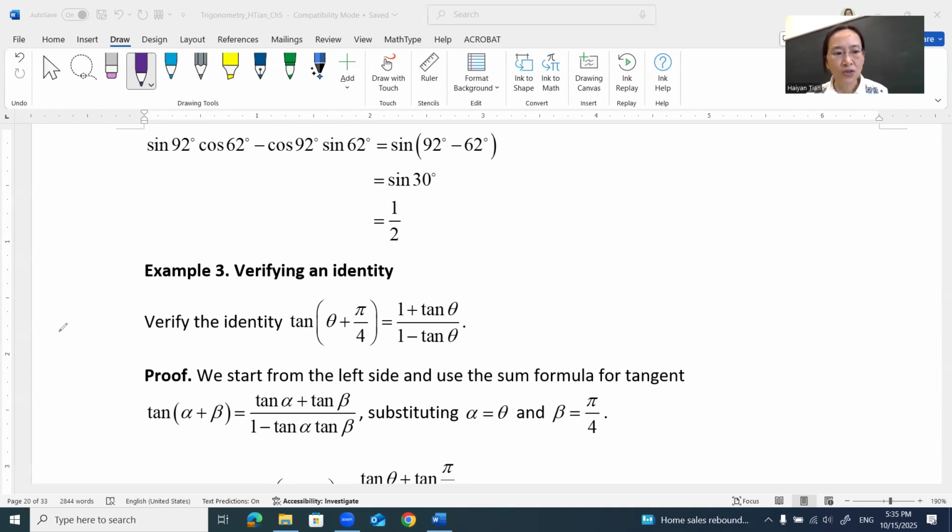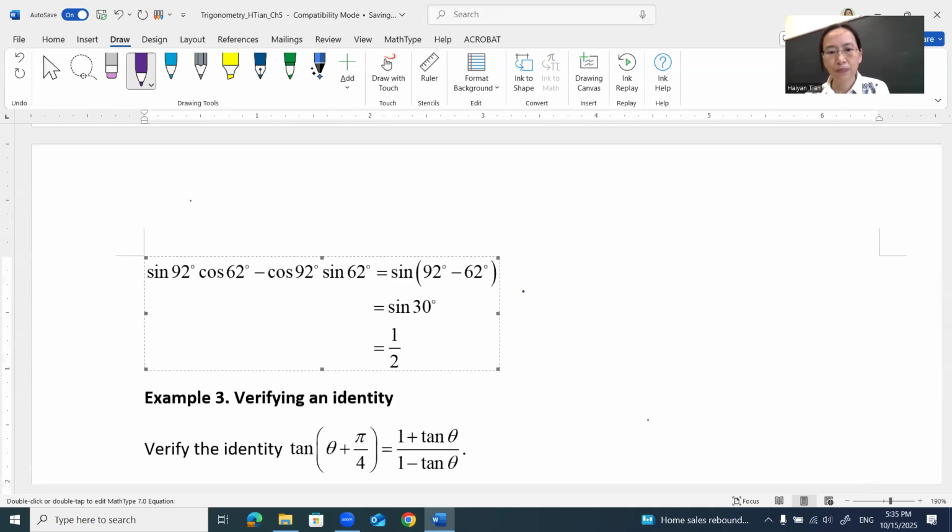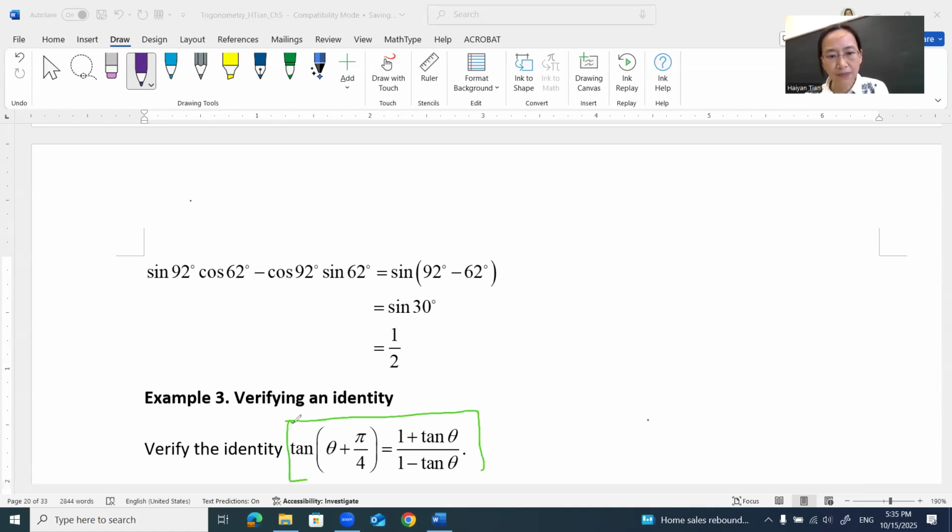Now let's look at another problem. And this problem is an identity for us to verify. So can we verify tangent of theta plus pi over 4 is equal to this?